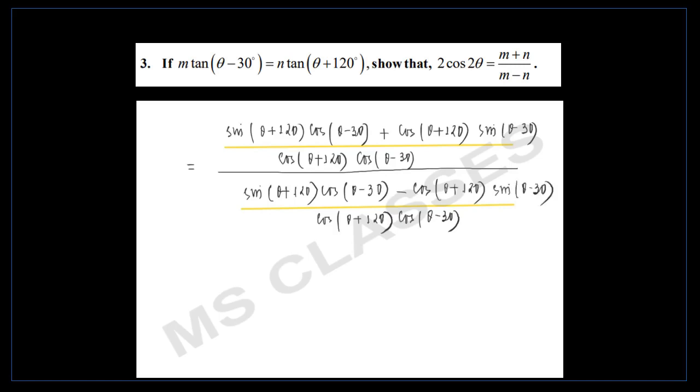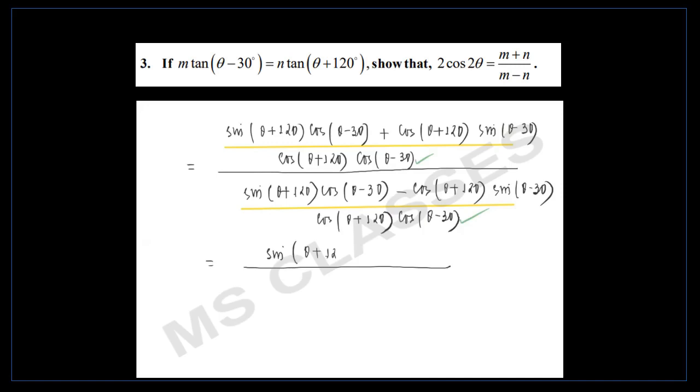Now you can see here, this cancels out. Now, what we have? Sin A cos B plus cos A sin B. What is the formula, children? Sin(A plus B).